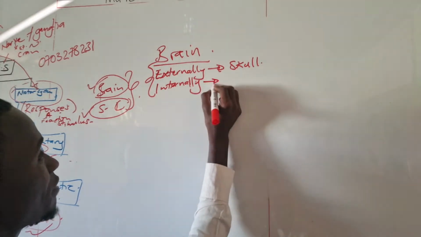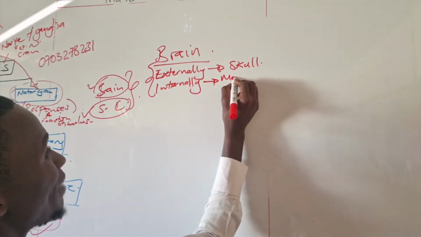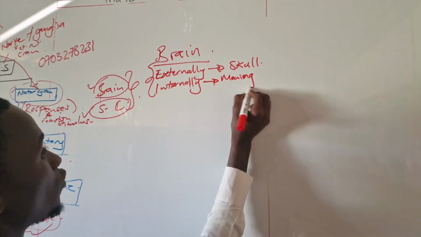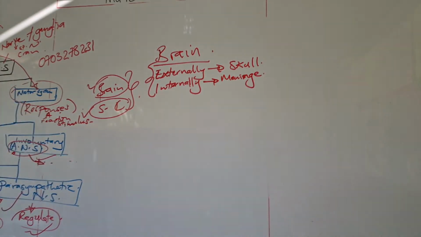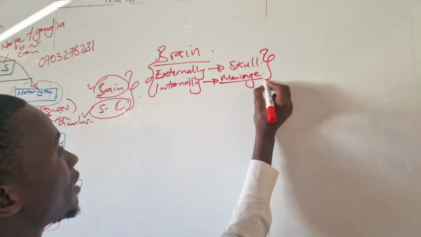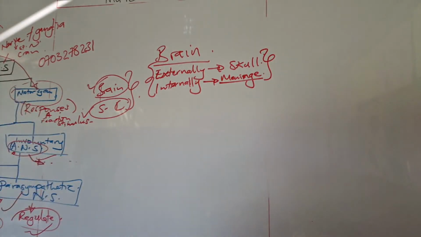Internally, it is protected by a part we call the meninges, which is actually a small membrane that surrounds the brain. So these are the protection levels of the brain.